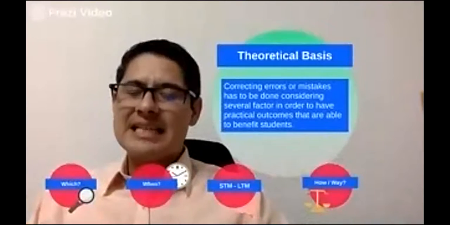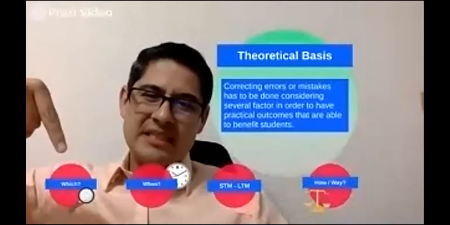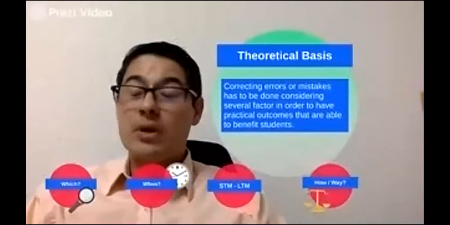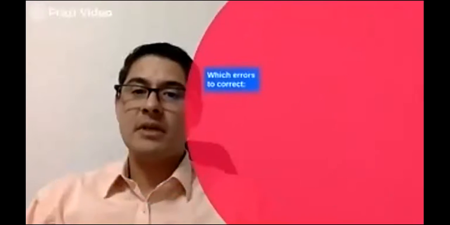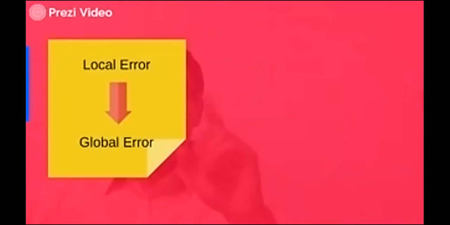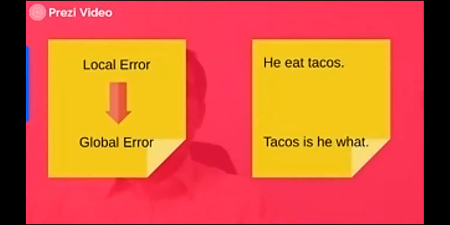So first, let's see which mistakes, which errors should I be focusing on? We should be focusing on global errors. A local error is, for example, "he eat tacos." Now, if the student repeats "he eats" and does not add the third person singular s, correct it.